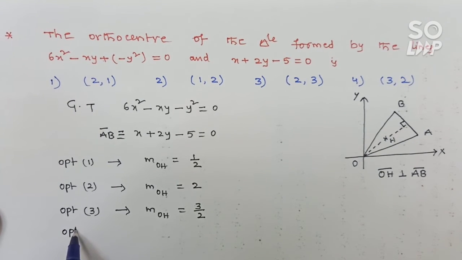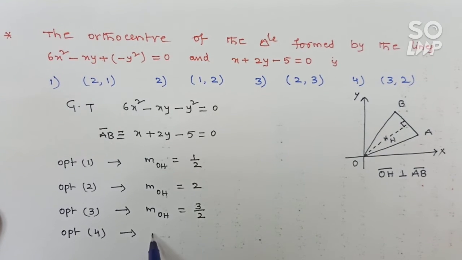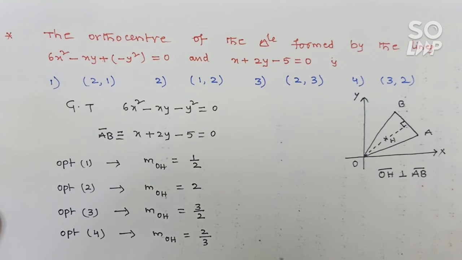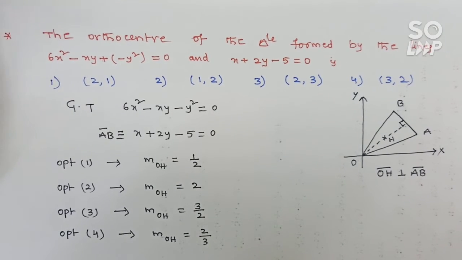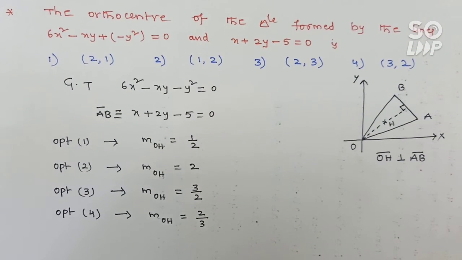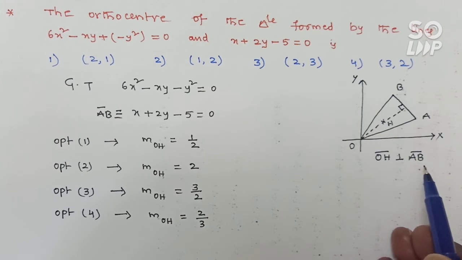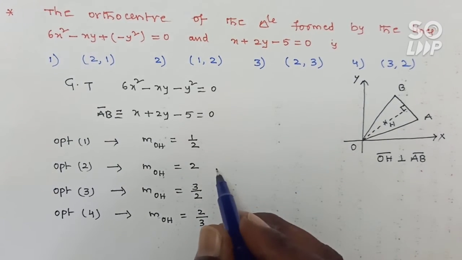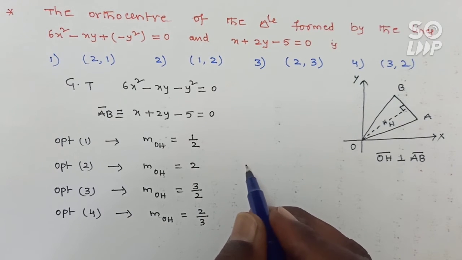Option 4: the slope of altitude OH will be 2/3. So here also the product is not equal to −1. So which option satisfies the condition that OH is perpendicular to AB? Only the second option.